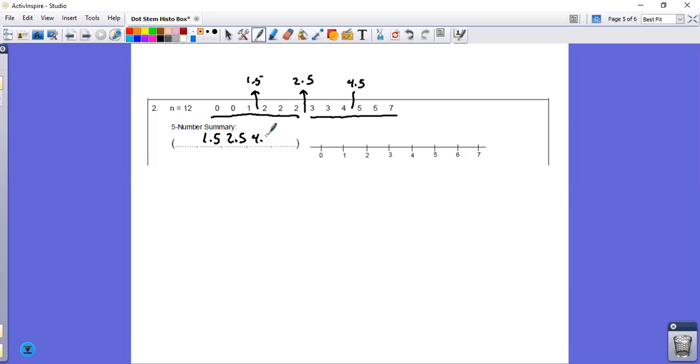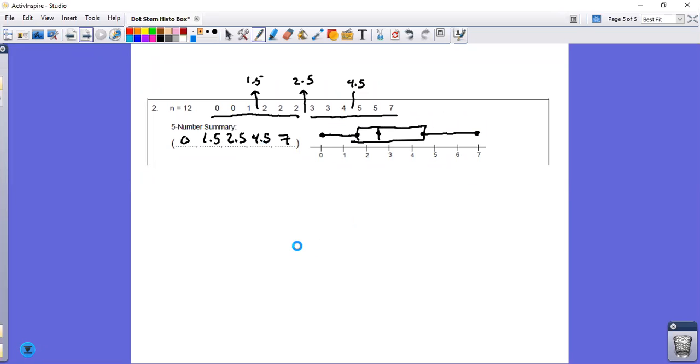Your upper quartile, and then your minimum and your maximum. 0, 1.5, 2.5, 4.5, 7 are your 5 numbers. The middle 3 become your box, and out to your whiskers. And same every time. So there's 2 more of those to do on your own on that sheet.